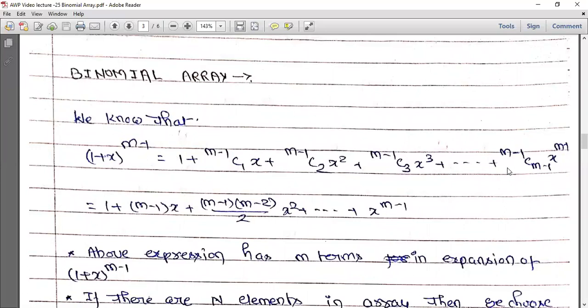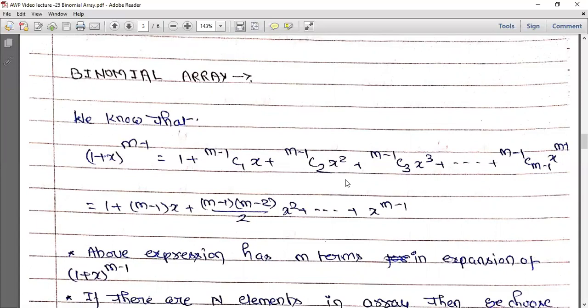How many coefficients are there in this particular expansion? Since the degree of this binomial expansion is m minus 1, there will be m terms. And so these m coefficients, a coefficient with every term, will be allotted as excitation to a binomial antenna array having m elements.